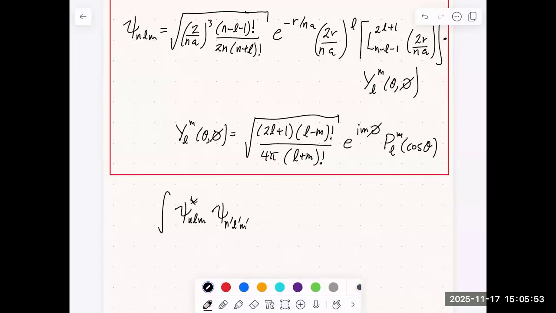If we were to take the inner product between psi n l m and psi n prime l prime m prime, integrate over all space in spherical coordinates, we would find that it will be 1 only if n is equal to n prime, l is equal to l prime, and m is equal to m prime.